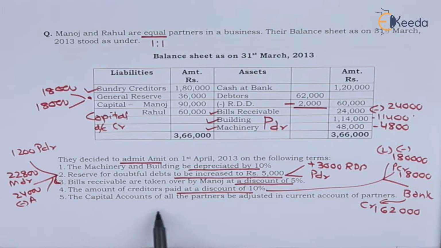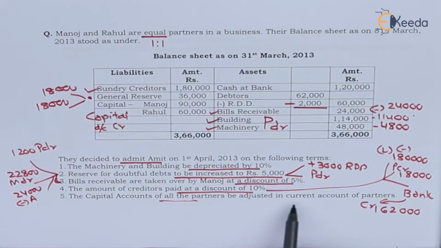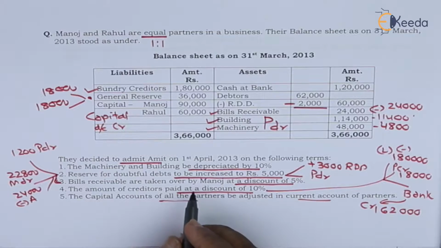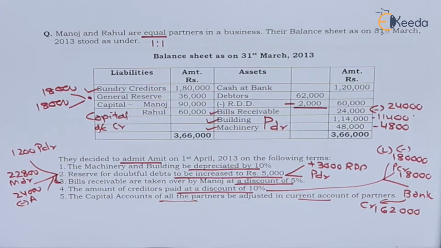The capital accounts of all the partners be adjusted in current account of partners. We are required to calculate the new profit sharing ratio, and then we are required to adjust all partners' capital accounts. Any difference in all partners' capital accounts will be transferred to their current account.